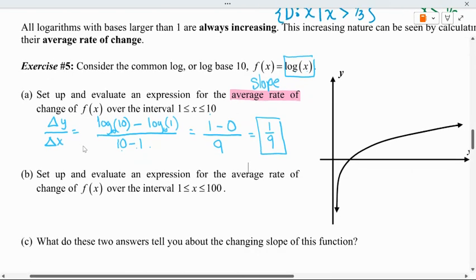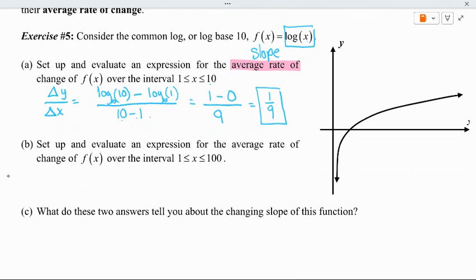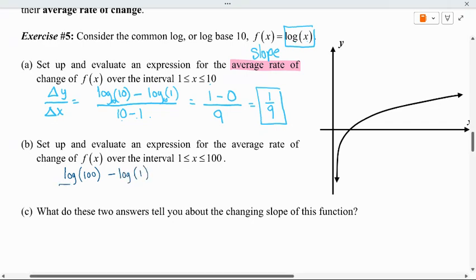Okay. Let's do that same thing. We're going to calculate the average rate of change using the interval of 1 to 100. So the log base 10 of 100 minus the log base 10 of 1 over 100 minus 1.